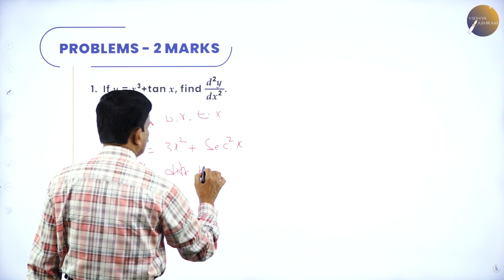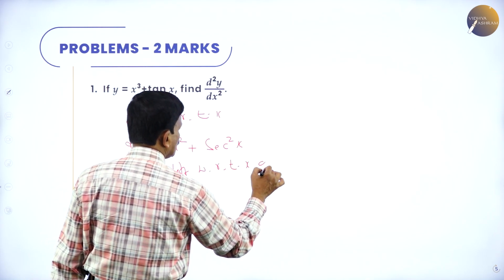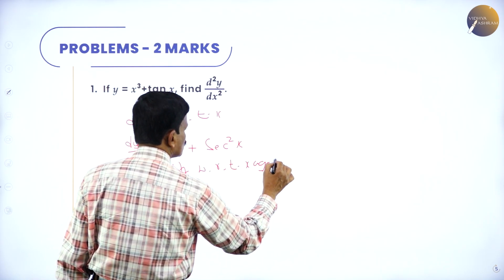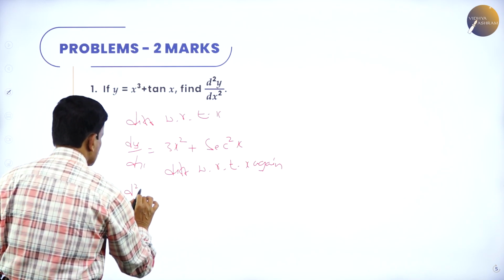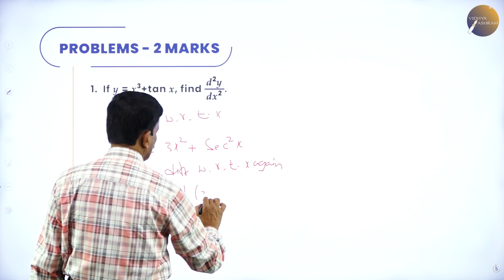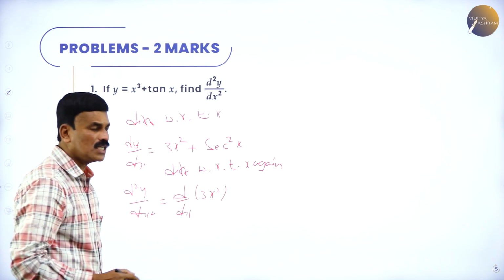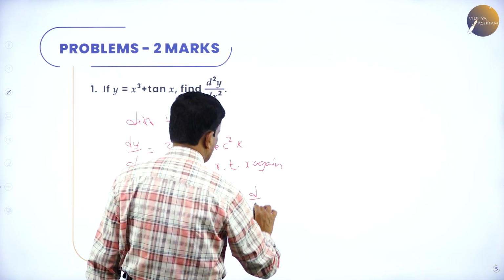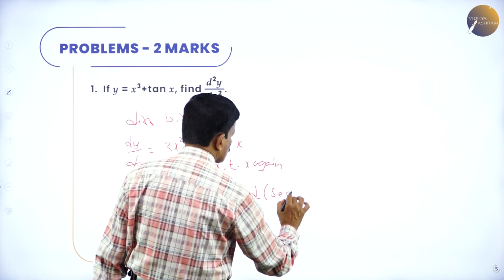Differentiate again. Differentiating with respect to x again, then what we will get? d square y by dx square is equal to term by term differentiation of d by dx of 3x square plus d by dx of secant square x.